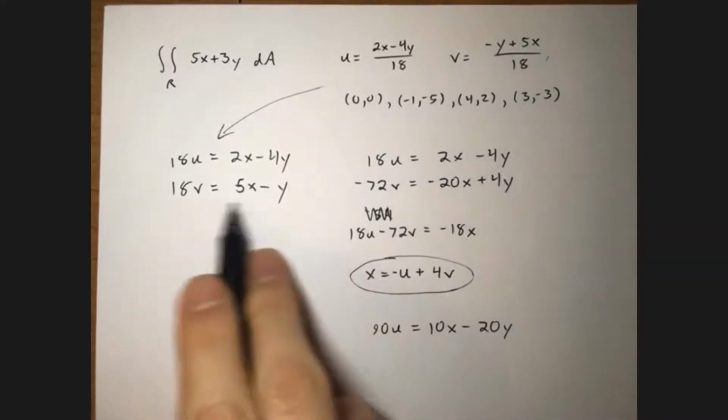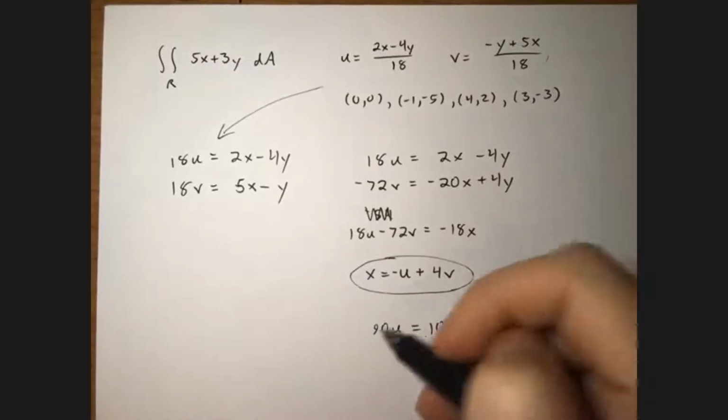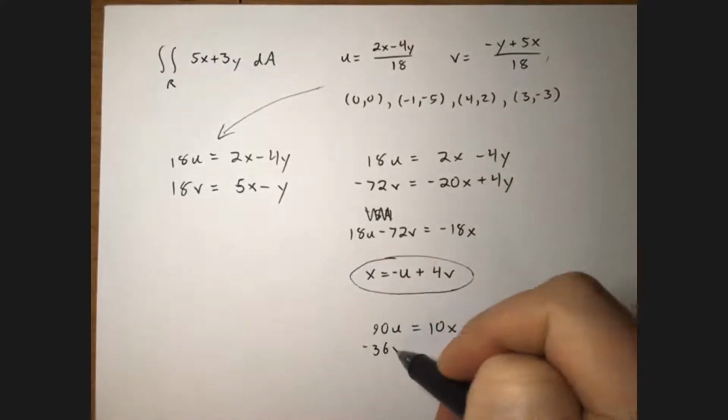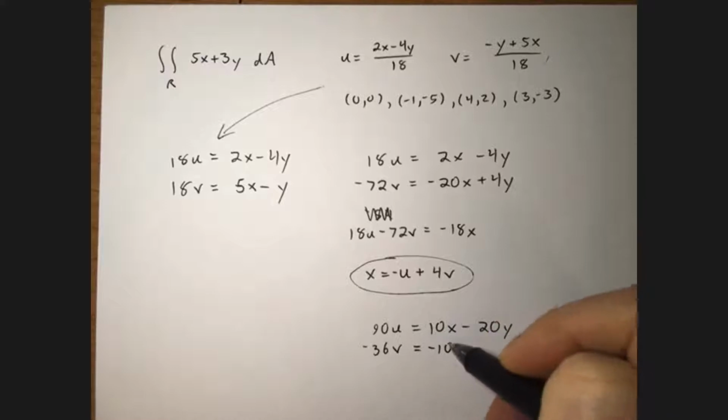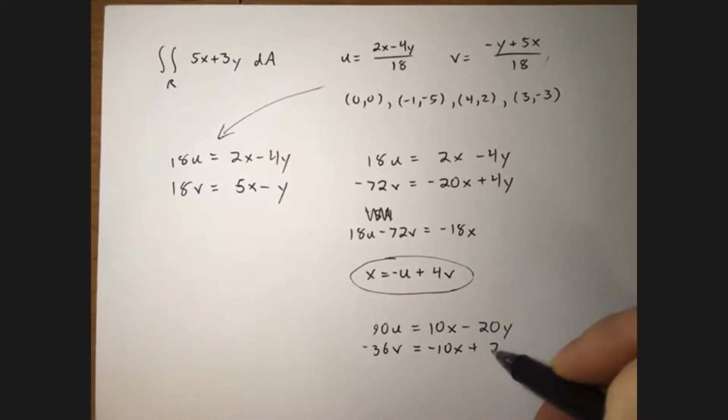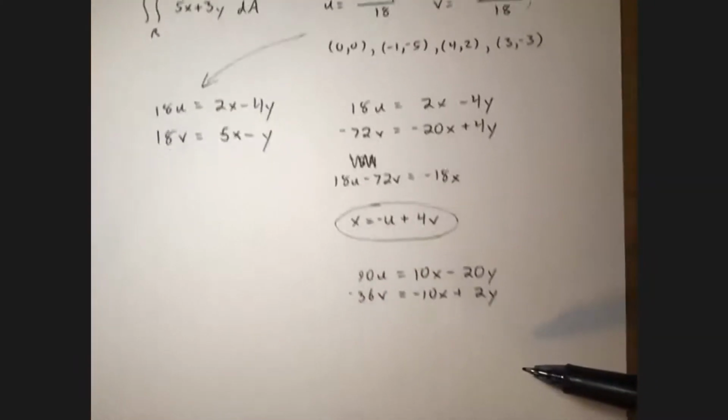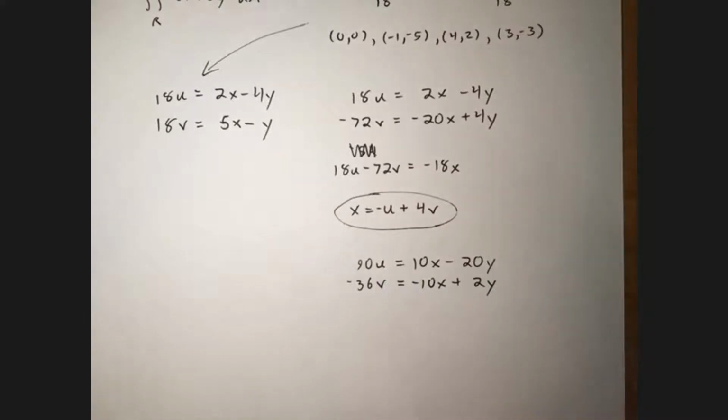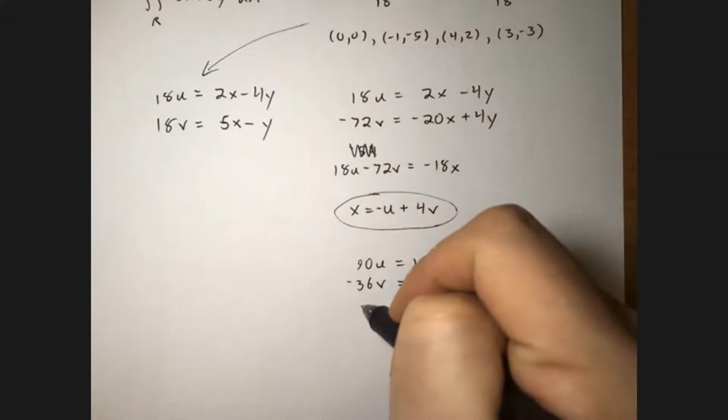And then the bottom equation by -2. Now I can add these equations together.